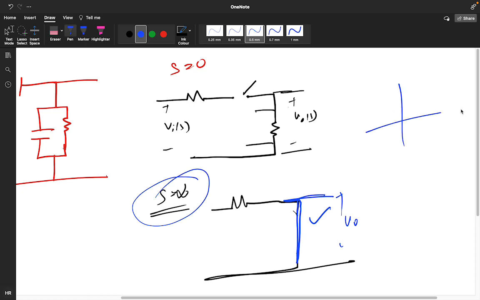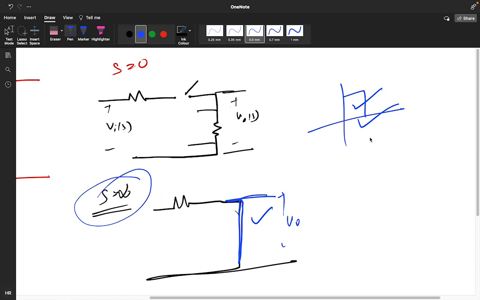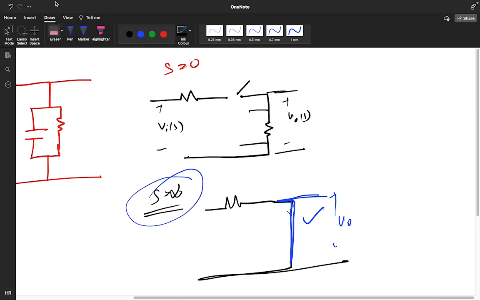So what is the filter? It's representing a low pass filter, because no, it is not a low pass filter, sorry. Because at 0 frequency also V naught is 0, and at infinite frequency also V naught is 0.